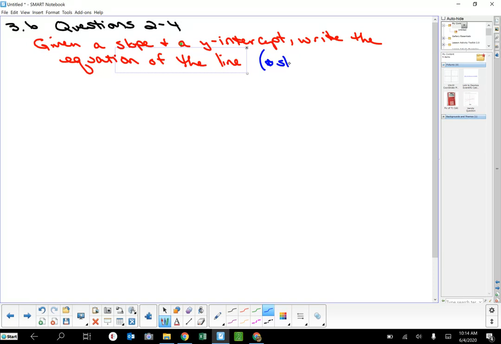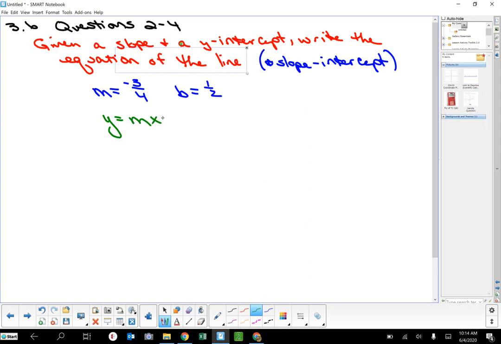Okay. And so this really is as easy as it sounds. If you're told that m is -3/4 and b is 1/2, you know that slope-intercept is y equals mx plus b. Just fill stuff in. M is -3/4. The x doesn't go anywhere.